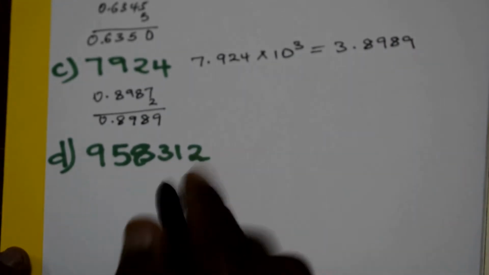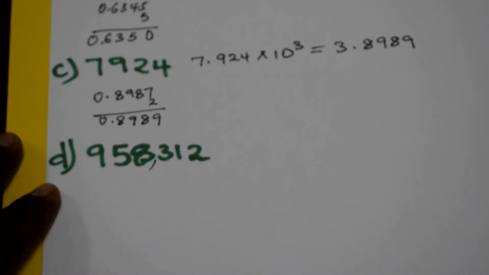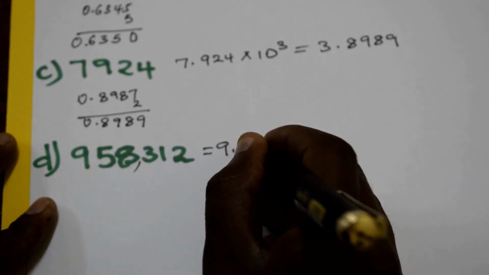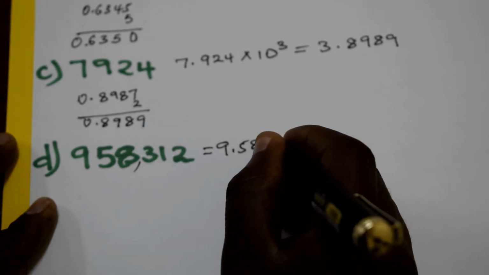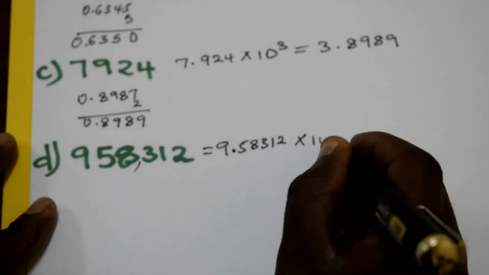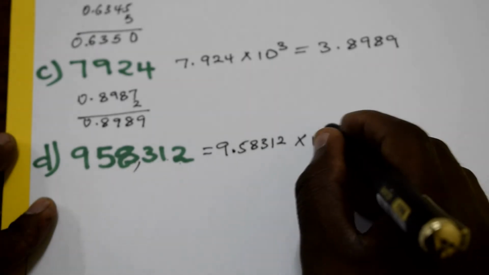Then we have the number 958,312. We write this in standard form and we get 9.58312 times 10 power 5, moving 1, 2, 3, 4, 5 places.